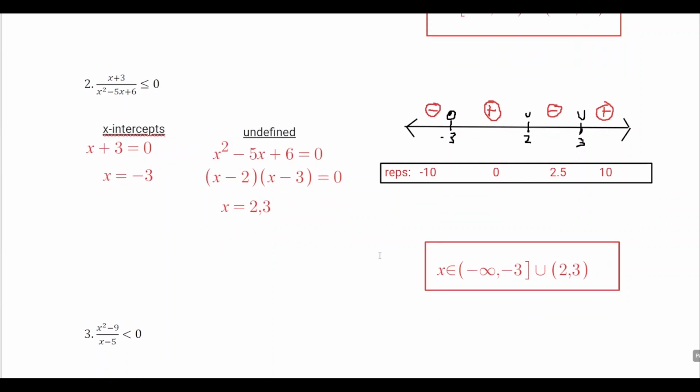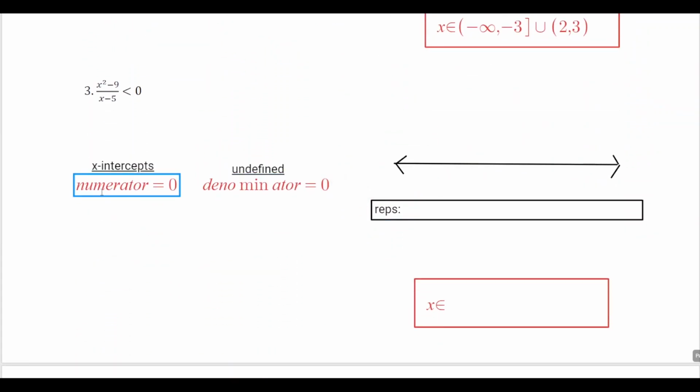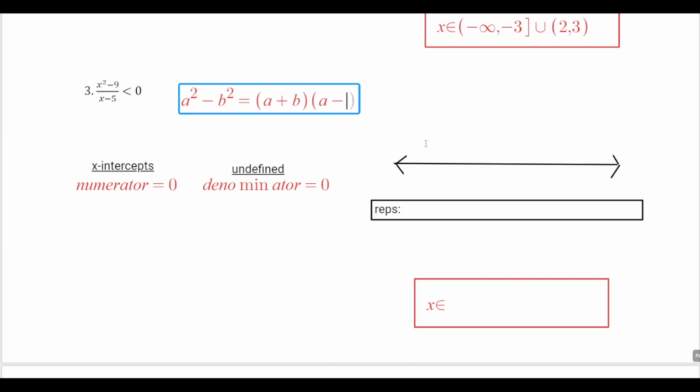Let's look at number 3. So for the x-intercepts, x squared minus 9, that's a difference of 2 squares. I might use this as an opportunity to remind you that if you have a squared minus b squared, that's going to equal a plus b times a minus b.